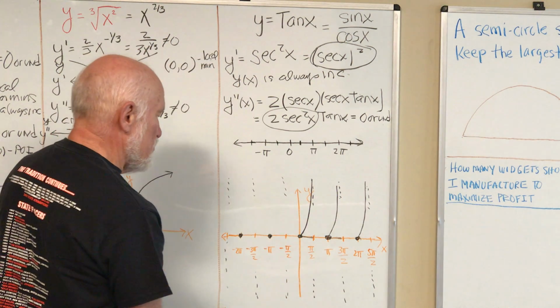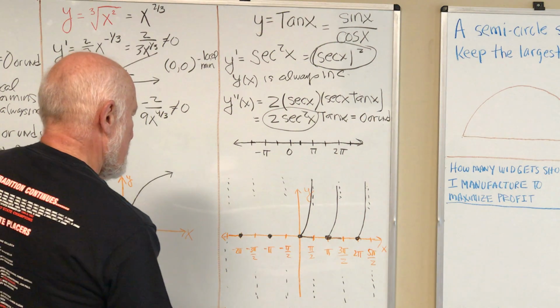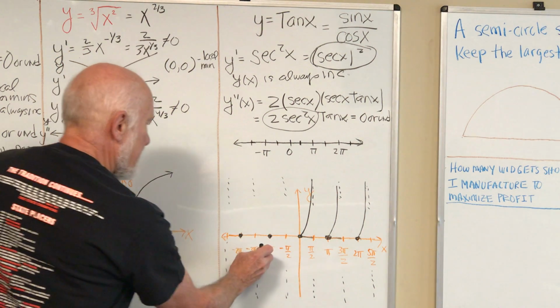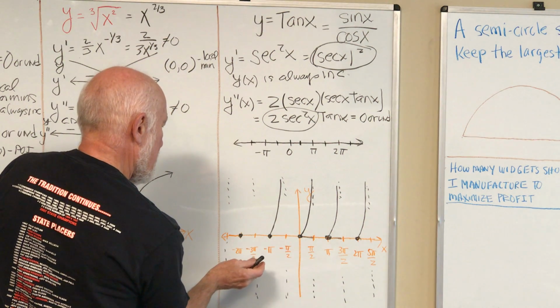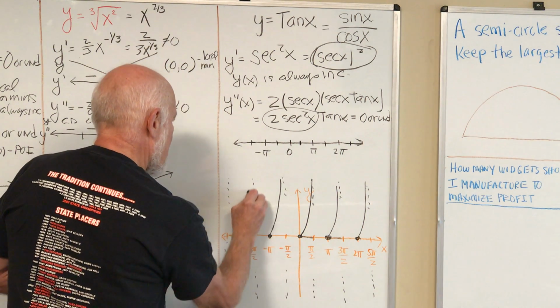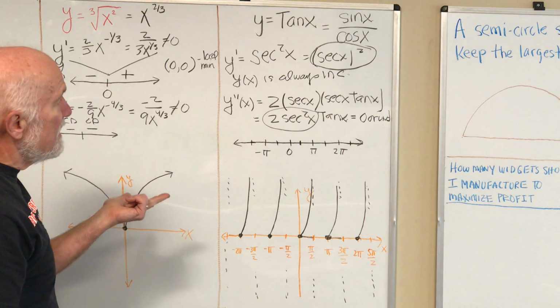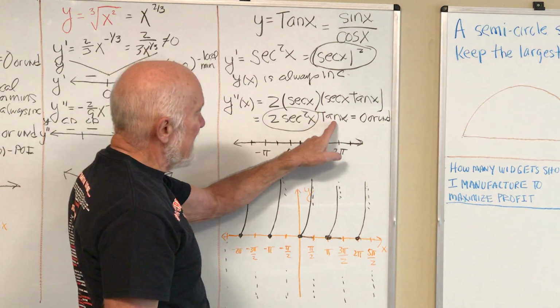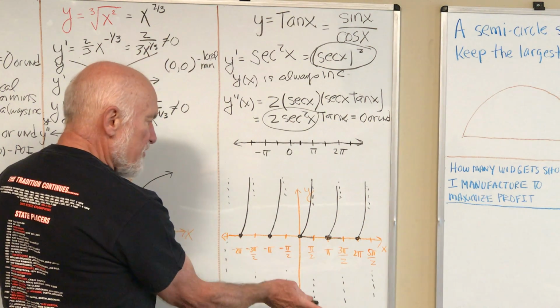And it's also going to be true when you're at negative pi and negative 2 pi. Now it's going to be concave down whenever the tangent of x is negative. And that's going to be in the other quadrants.